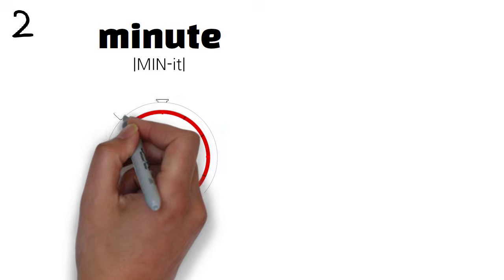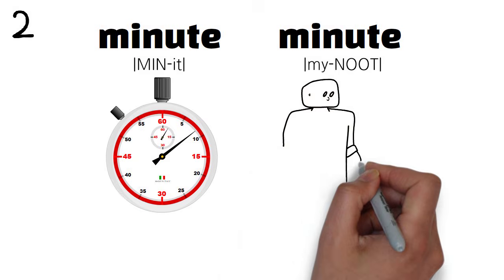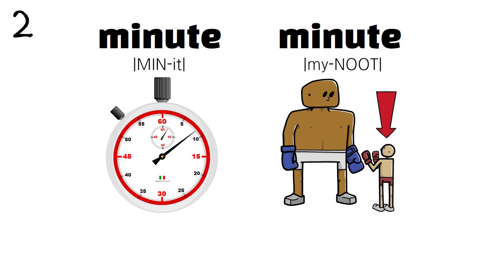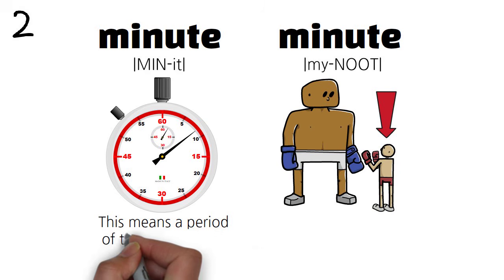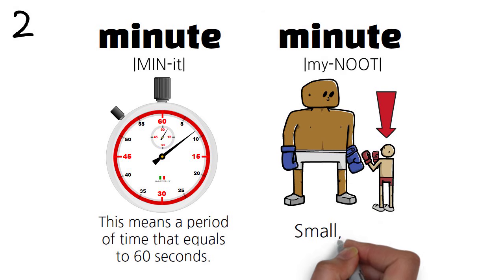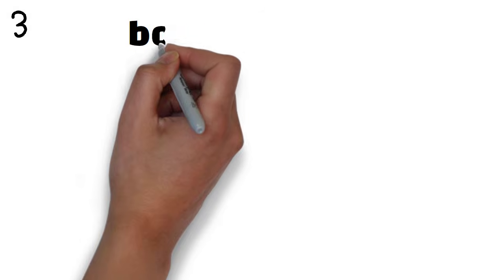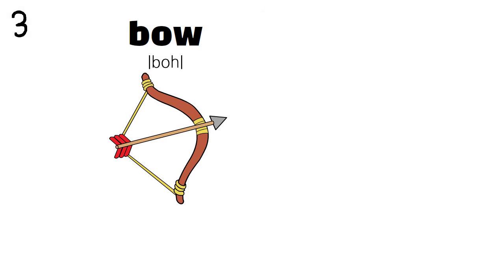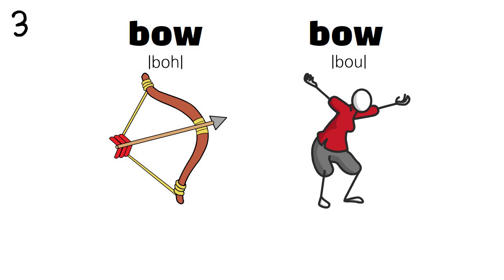Number 2, we have minute and minute. This means a period of time that equals 60 seconds, and the other one just means small or tiny. Number 3, bow and bow.